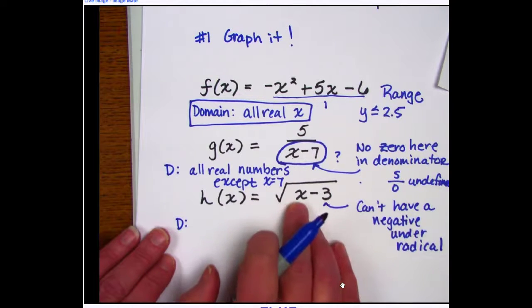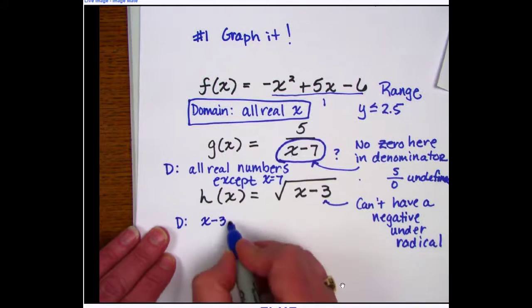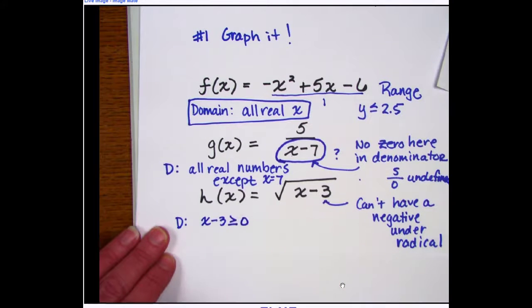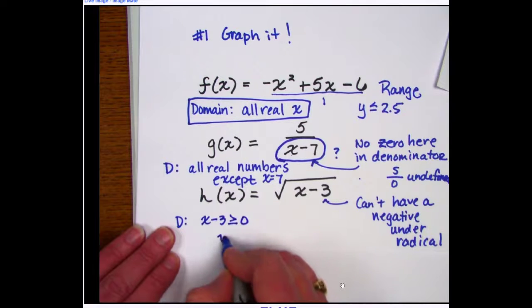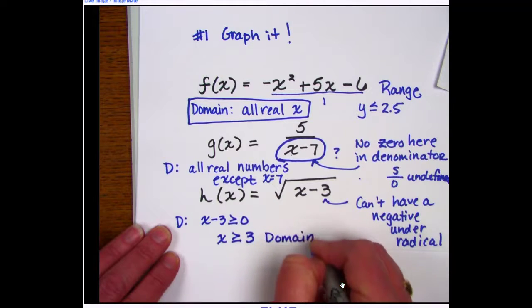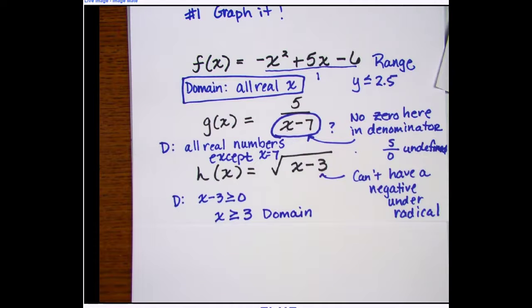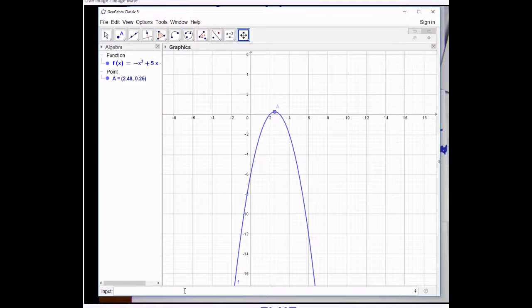So our domain in this case, we could actually set this up. We know that that has to be greater than or equal to 0, right? And if we solve this, we would see that x is greater than or equal to 3. So that would be our domain. Another way to see this is if we graph this, you could see the domain pretty easily. I'm just going to replace our graph with the square root of x minus 3.